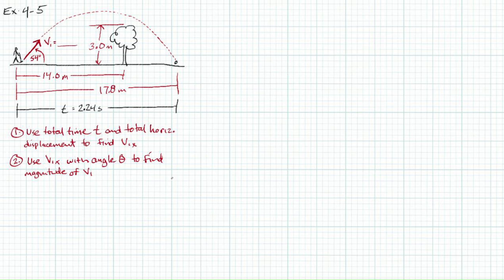So how do we go about doing this? Well, let's use total time t and total horizontal displacement to find the initial velocity in the x direction right here. So I'm going to switch back to my red, and I'm going to just write up here. Initial velocity in the x direction is the displacement in the x direction divided by the time. Now the time applies to both directions, remember, but that certainly applies to x. So let's write in what we know for our delta x.